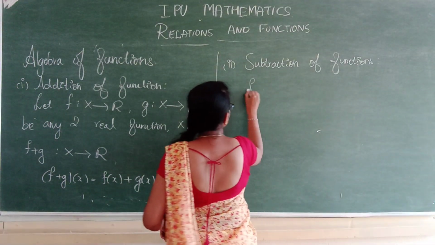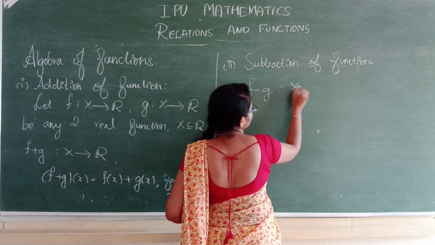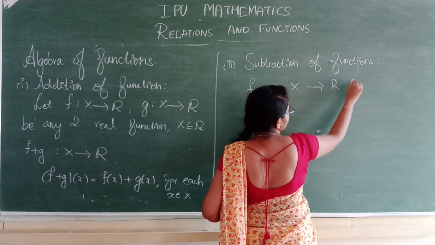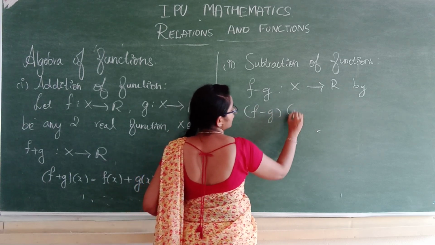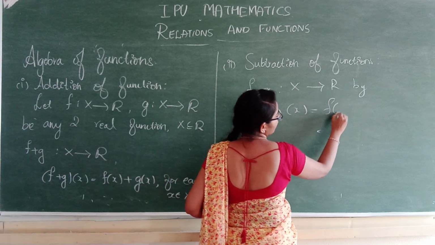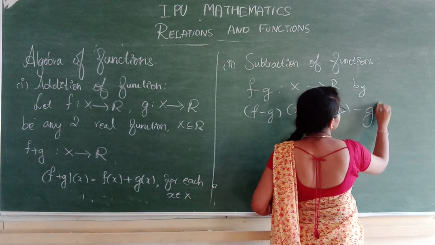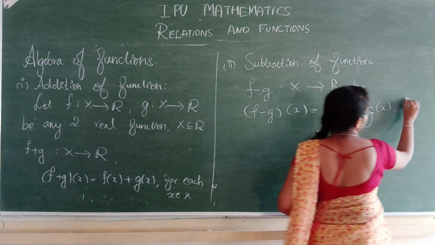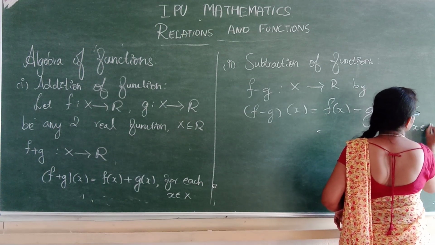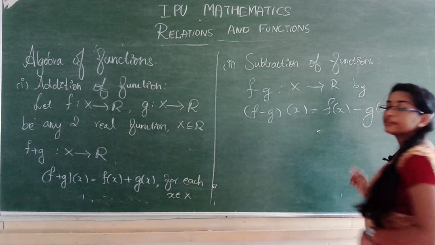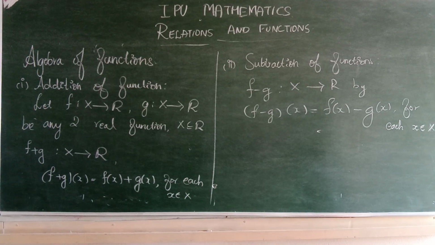We define f minus g from the set X to R by f minus g of x is equal to f of x minus g of x for each x belongs to X. This is how we define the subtraction of any two functions.